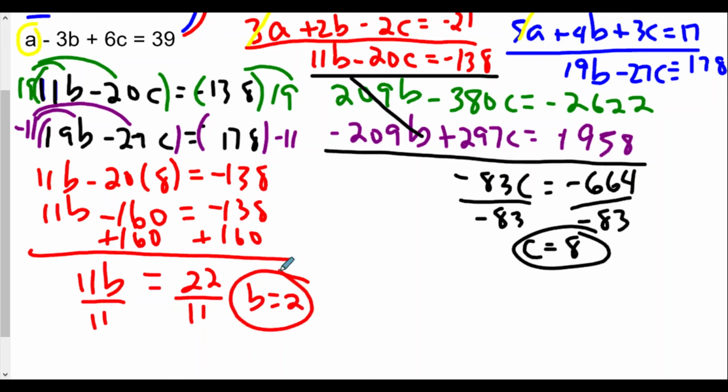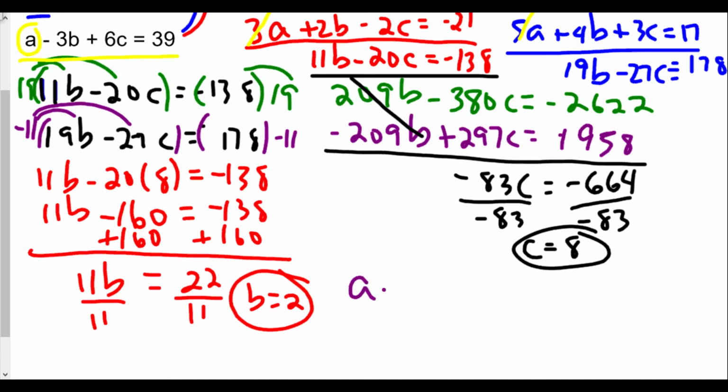So now we have two variables done. Now what we're going to do is find a. And to do that, we're going to pick one of the equations, and I already know which one I'll pick. I'm going to pick the third one. Why? Because the third one has a all by itself. Okay, so here we go. We're going to plug in here.